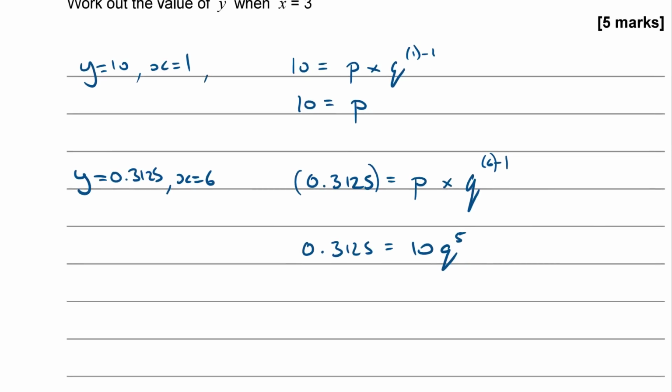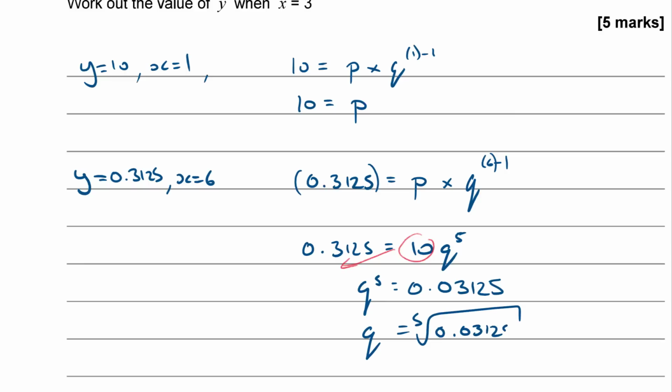So that means that q to the power of 5 is going to be 0.3125 divided by 10. And 0.3125 divided by 10 is 0.03125. So to find the answer then, I just need to find the fifth root of that, don't I? So if I can take the fifth root of 0.03125, I should find q.